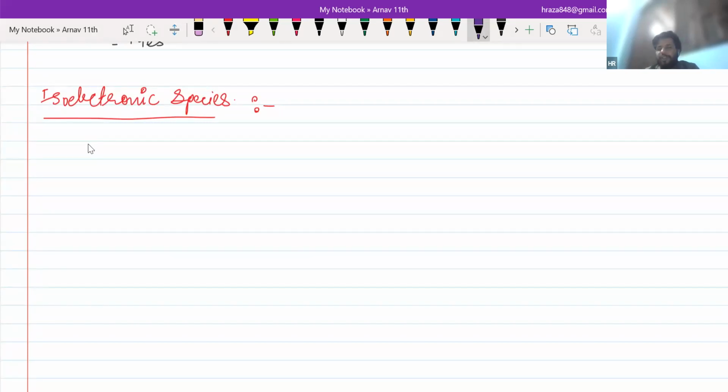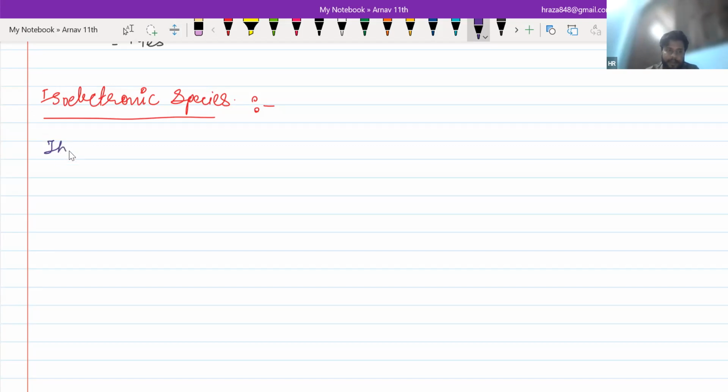The atoms or molecules or species, whatever it is, if they have the same number of electrons, will be called isoelectronic species. There is a difference between isosters and isoelectronic. Isosters are the ones which have the same number of atoms as well as the same number of electrons. But isoelectronic species are those which have the same number of electrons.